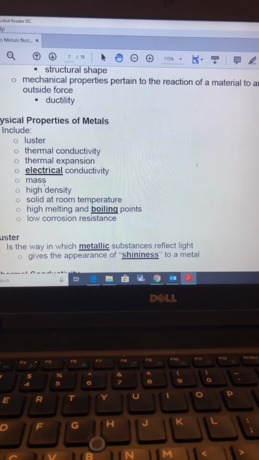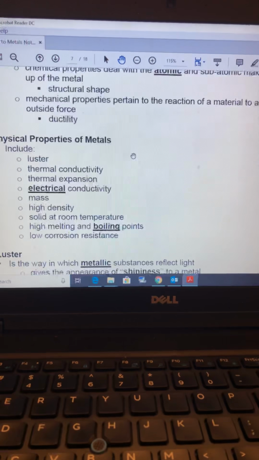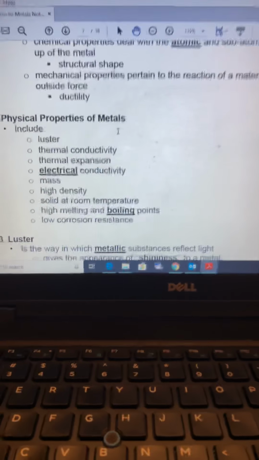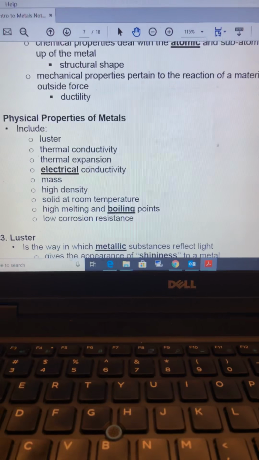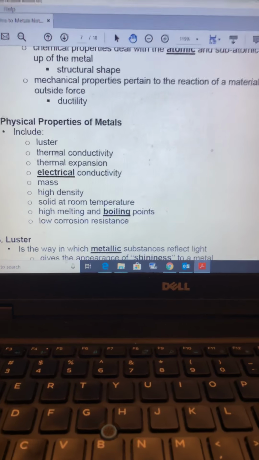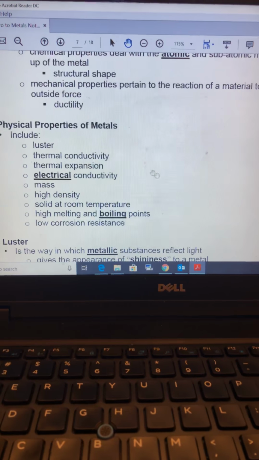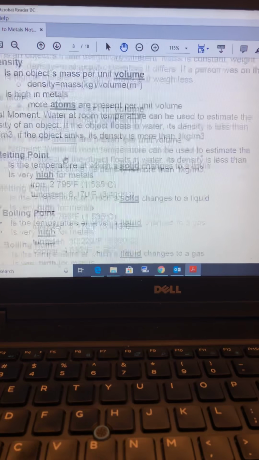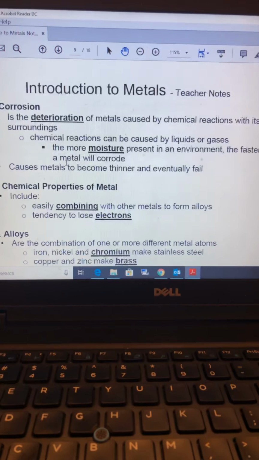Again, we're still talking about chemistry, but some of these properties of metals are in your Quizlet. Then it goes into each one of them. I'm going to move past those.